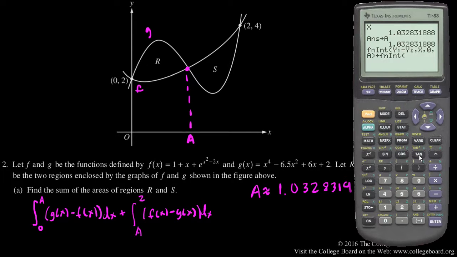Hold on, this should be y2 minus y1, because it's g minus f for that first one. And this one should be f minus g. So f was in y1, g was in y2, with respect to x, from a all up to 2. Press enter, and I get, once it does the thinking, approximately 2.004.